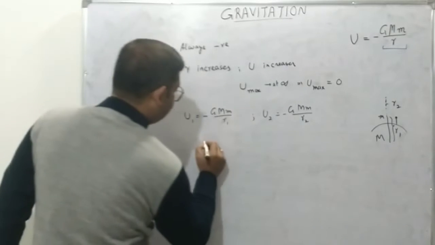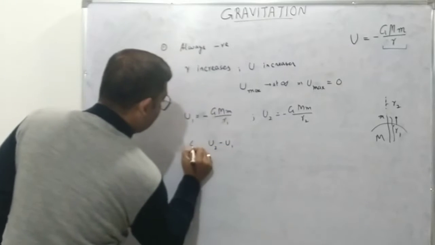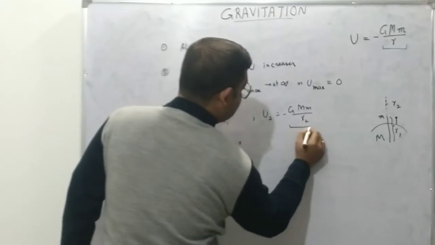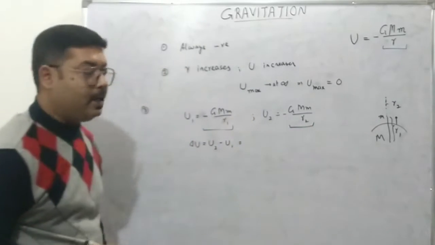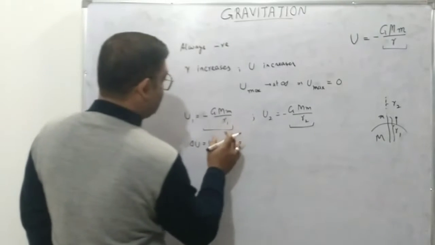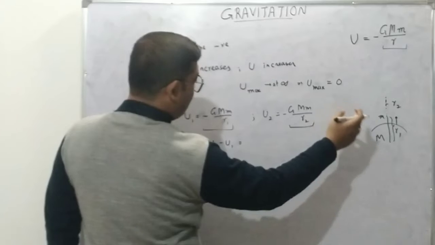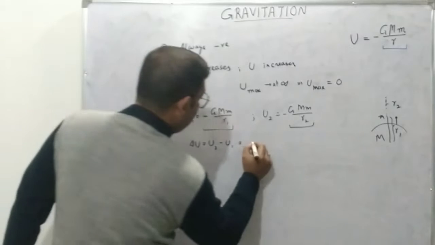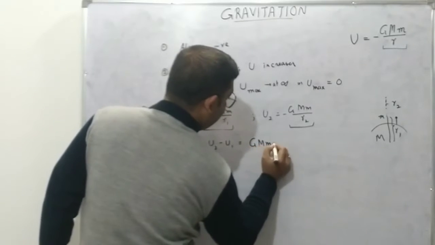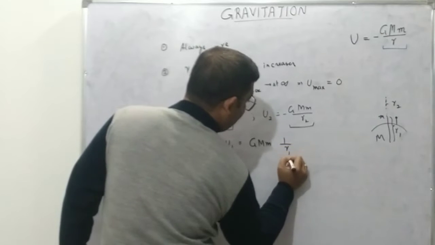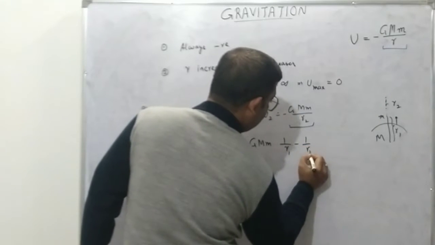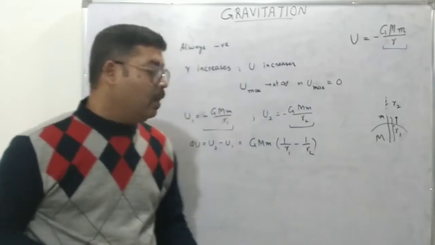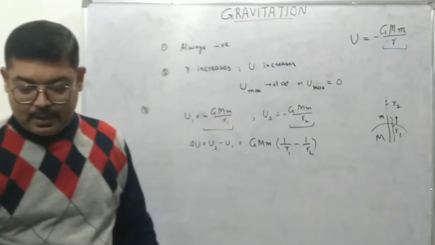Which will mean that U2 minus U1, that is the change in potential energy, will be this term minus this term, right? U2 minus U1, which means minus GMm by r2 minus, and minus plus GMm by r1. So if I take GMm common, then we have GMm times 1 by r1 minus 1 by r2. So if I take the object from r1 to r2, the gravitational potential energy will change like this.